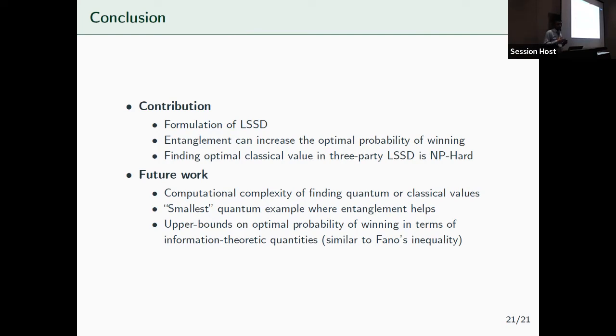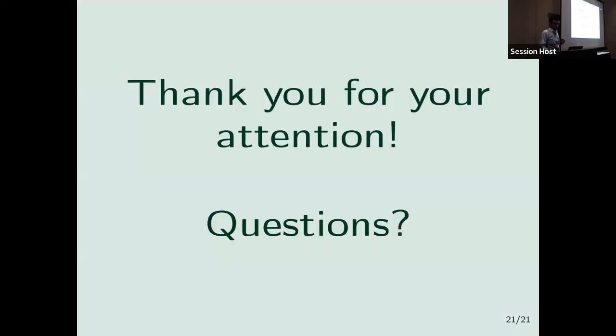And we can also relate this classical or quantum value to some information theoretic quantities. For example, in Fano's inequality, we are relating the probability of guessing for a single party to conditional entropy. Can we have a similar inequality for LSSD?